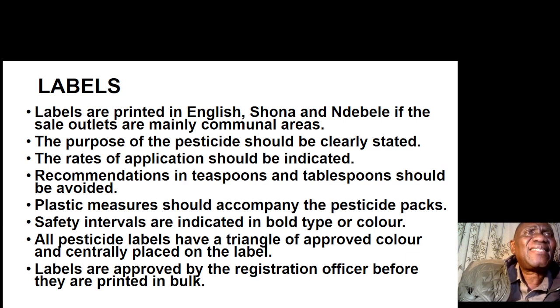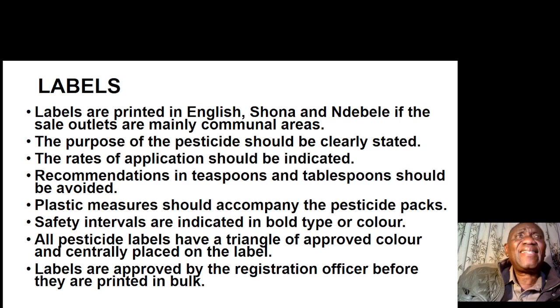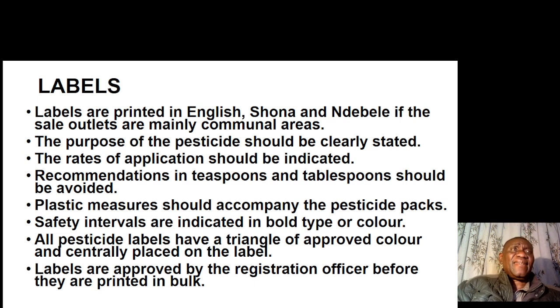Plastic measures should accompany the pesticide packs, and they should be well labeled. Safety intervals are indicated in bold type of color. All pesticide labels have a triangle of approved color, centrally placed on the label.